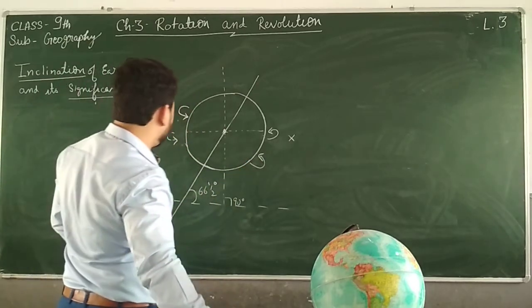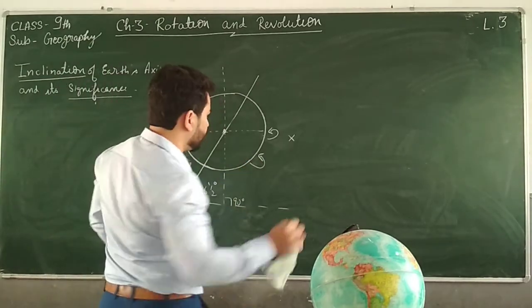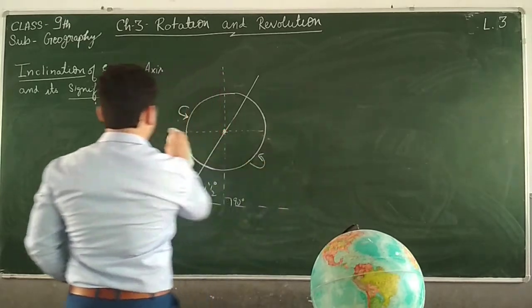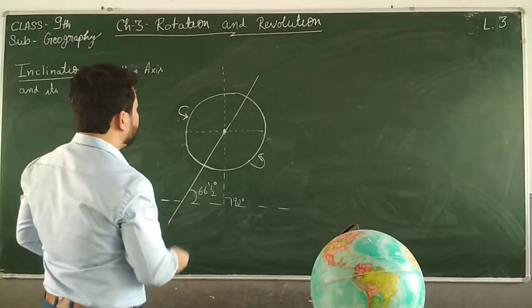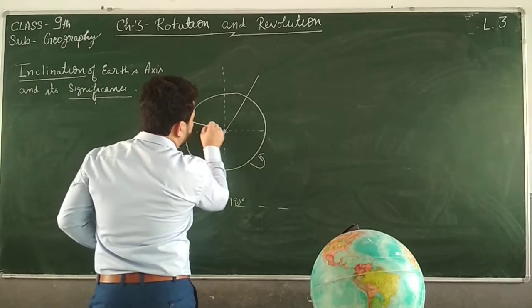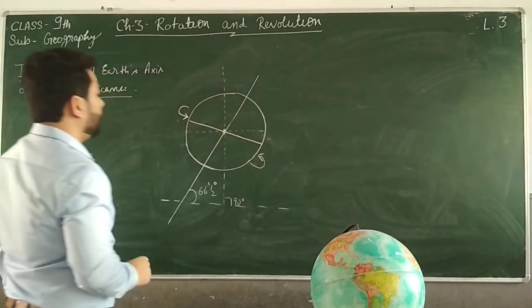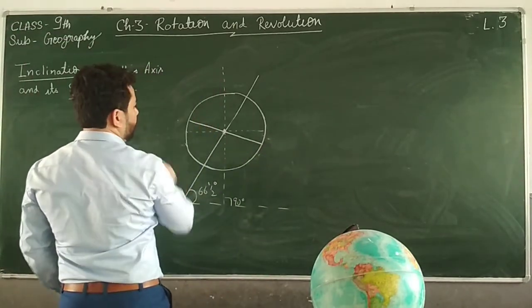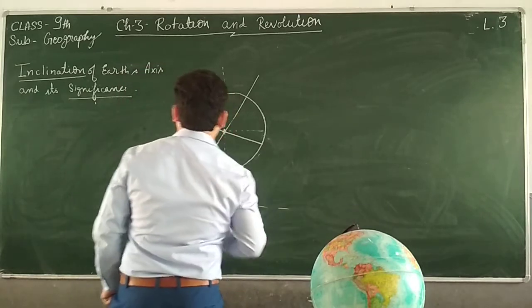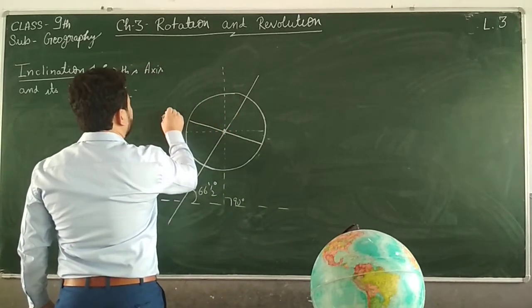Clear? Not in this fashion, right? So Earth's rotation is in this fashion. So we will draw a line. This will be called what? 0 degree, the Equator.